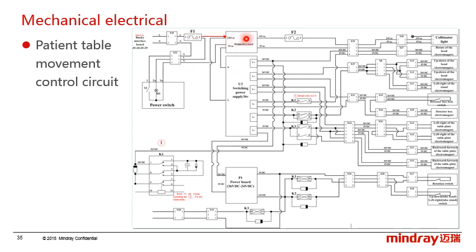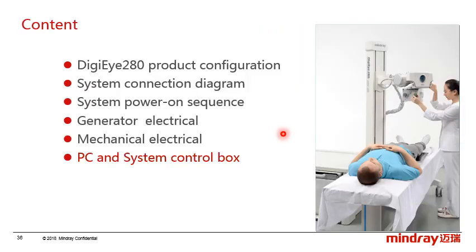The transformer receives the 220 volt AC power, and it will output the 24 volt AC via a fuse, then the S26 connector, and at last leads to the collimator light, and the others are similar.